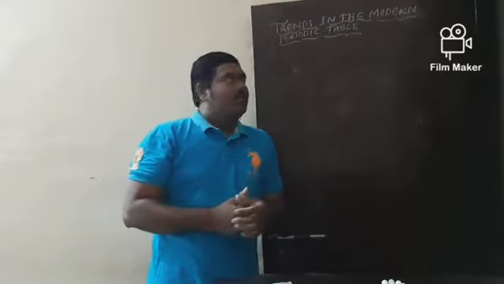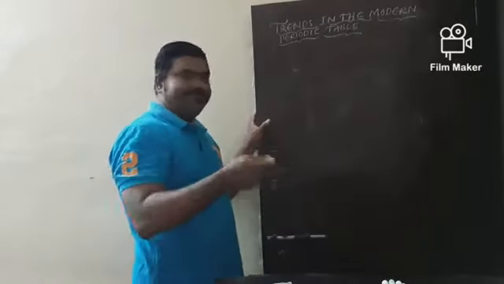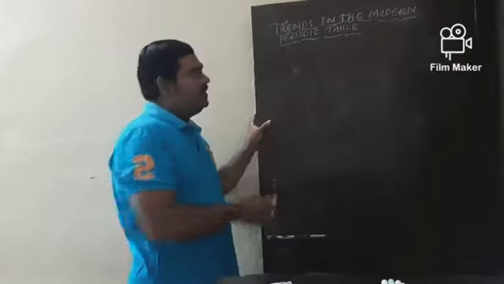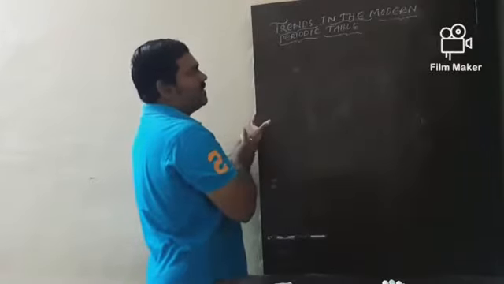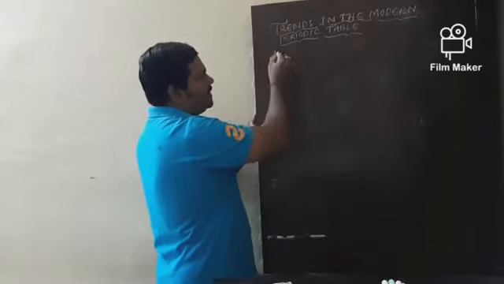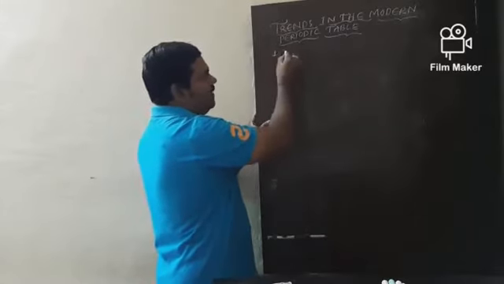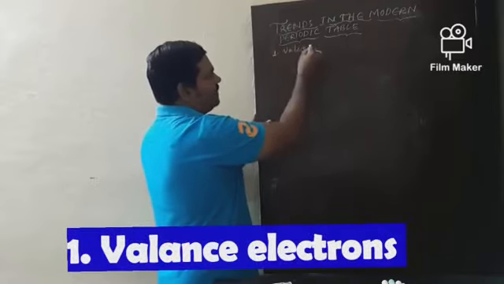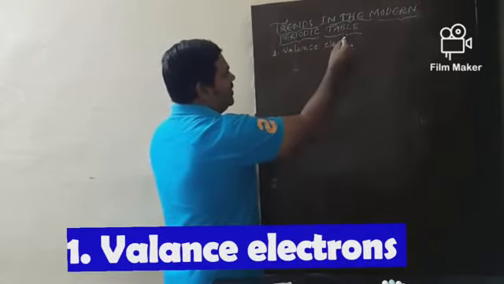Now let me explain those atomic properties first. Let me list them out first. The first periodic property is valence electrons.